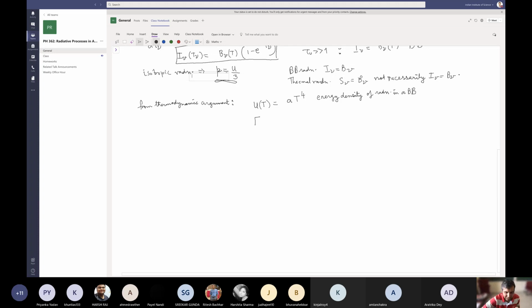The flux emitted by a black body, flux is equal to sigma T to the 4, right? This everyone knows. This is called Stefan Boltzmann law.